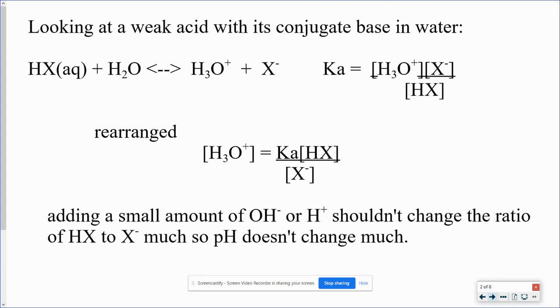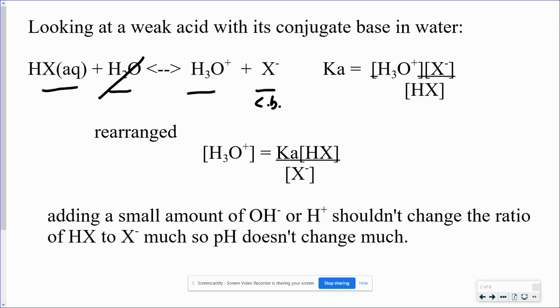Okay, so looking at the weak acid with its conjugate base in water, you can see here's our weak acid in water. It makes H3O plus and its conjugate base. Just like before, water is a pure liquid, so it doesn't go into the Ka expression.